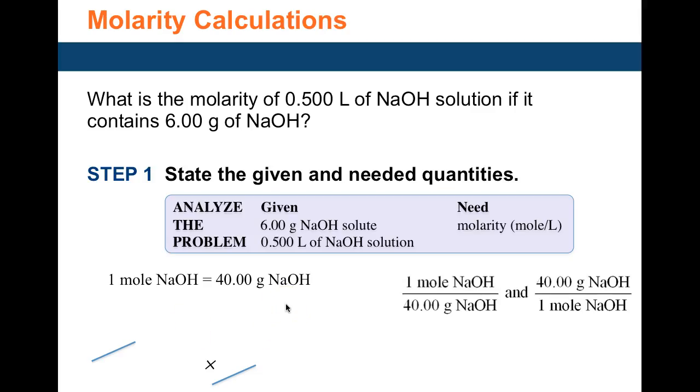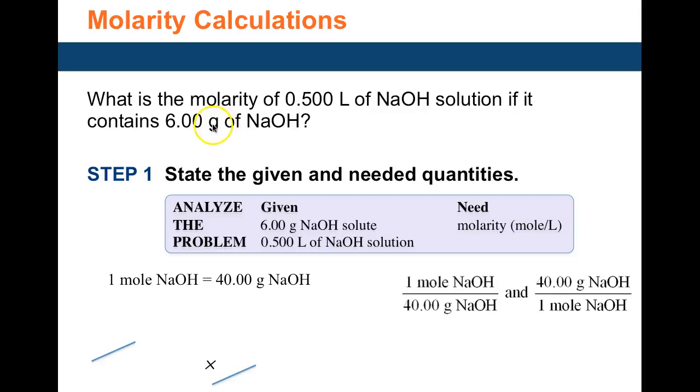All right, so in this particular study check, you have a half a liter of sodium hydroxide. What is its molarity if it contains 6 grams of sodium hydroxide? The first thing is molarity is moles per liter. You have the volume, half a liter, but you have to convert the 6 grams to moles. The molar mass of sodium hydroxide is 40. So divide the 6 by 40, that gives you the moles.